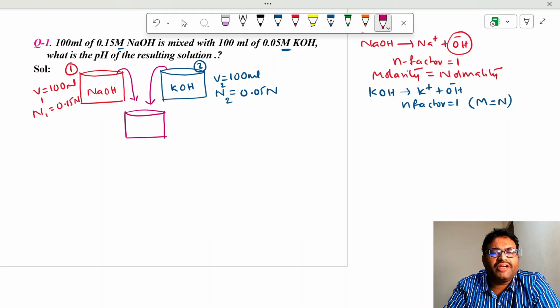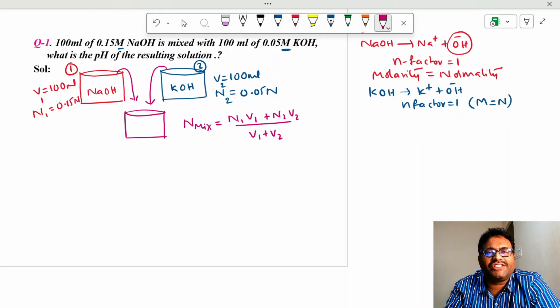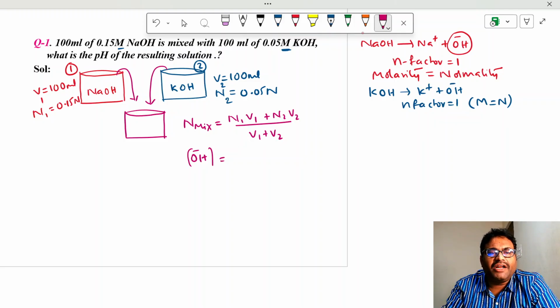Now we have seen the formula, final normality of the mix is equal to N1V1 plus N2V2 by V1 plus V2, which is nothing but the OH minus ion concentration. For a strong base, normality of that strong basic solution is equal to OH minus. I can take it directly as OH minus ion concentration.